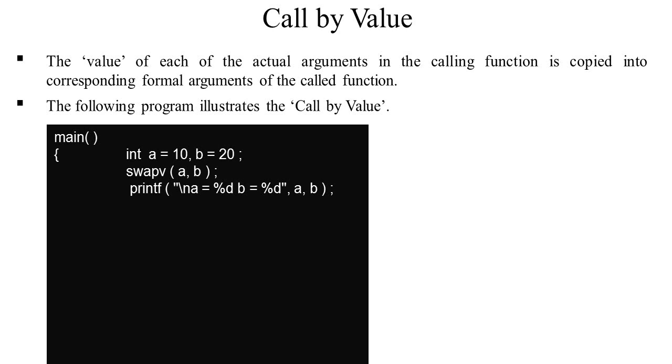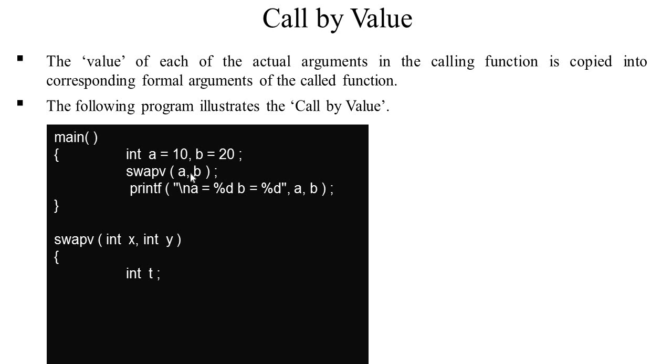Now let's see what the swap value function does. You can see over here this is the function call, that's why it is the actual argument, and this is the function definition, and over here it is the formal argument, and this is call by value. So what happens in call by value? The value of each actual argument in the calling function is copied.